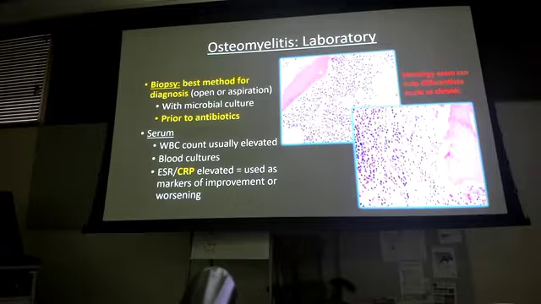Okay? CRP is in bold gold. Why? You guys will get into later lectures, not in my course necessarily, but you understand that CRP is something that we use to trend for improvement or worsening of infection. That's what we're getting at there. Okay? ESR, again, not super helpful, but it leads to the bigger picture. But C-reactive protein, CRP, and again, the one that's related to not heart, right?